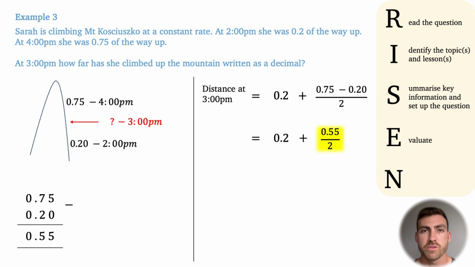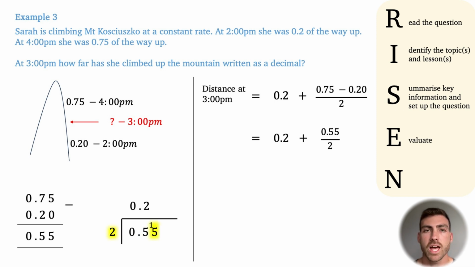The best way to evaluate this is setting up the question in short division form. First asking how many 2's go into 0, which is 0. Then we add the decimal point to our answer. Next asking how many 2's go into 5, which is 2 with the remainder 1. We carry the remainder to the next digit.